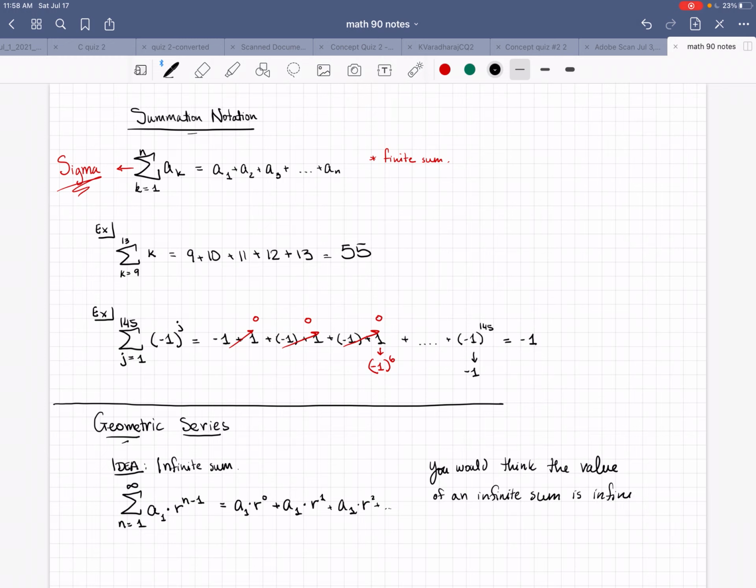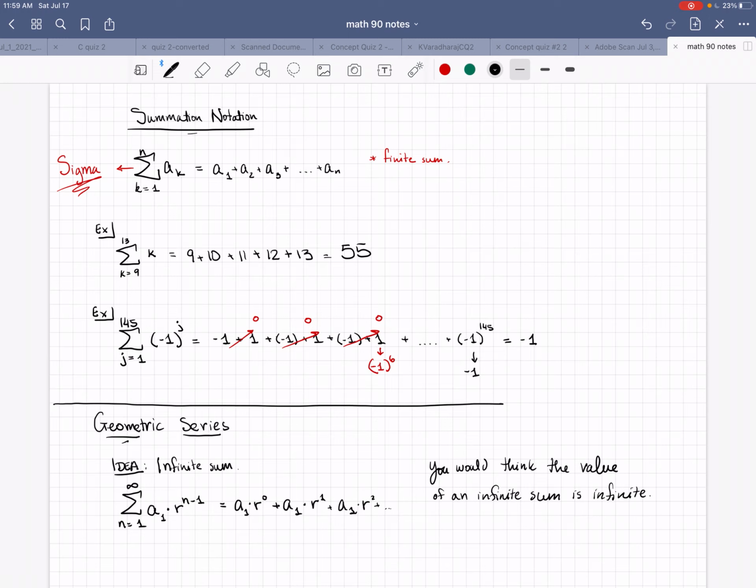So if you add together infinitely many numbers, you get an infinitely large number. And this is where, in my opinion, it's really important to crack open this really crazy idea that actually that's not always true.